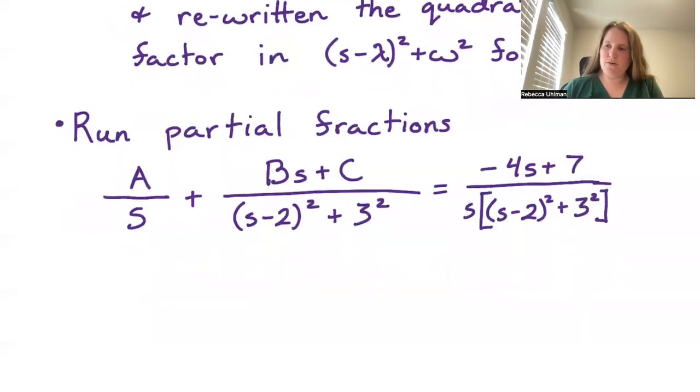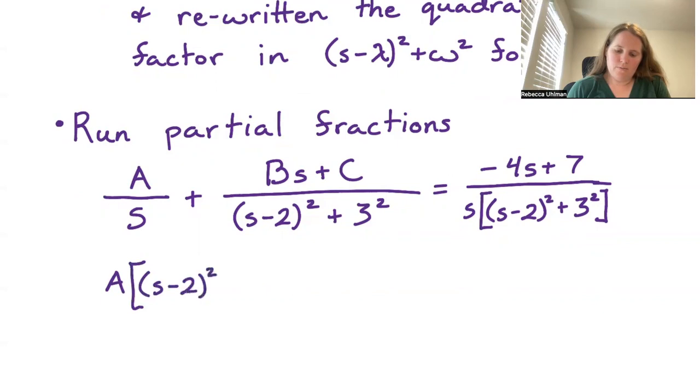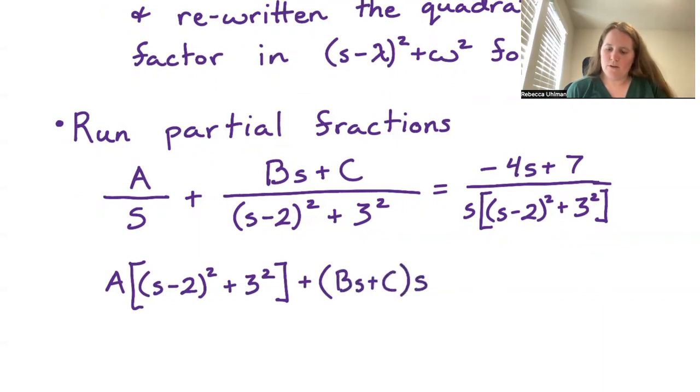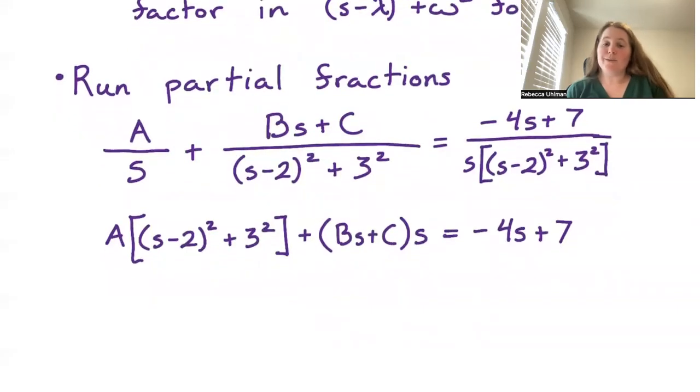Continuing on from here, we can play our little trick of rewriting things. So we have A times s minus 2 squared plus 3 squared, plus bs plus c times s, should be equal to negative 4s plus 7. If we plug in s equals 0, that second component just goes to 0.